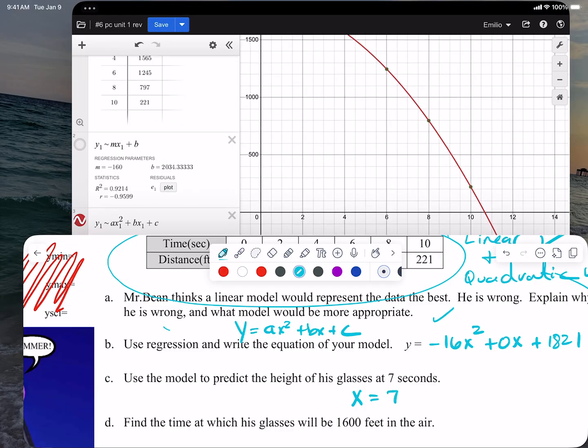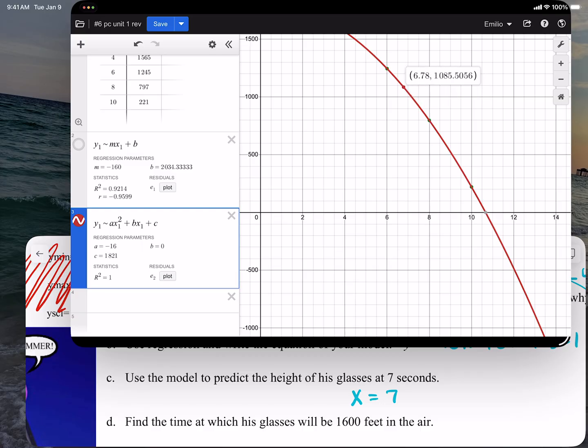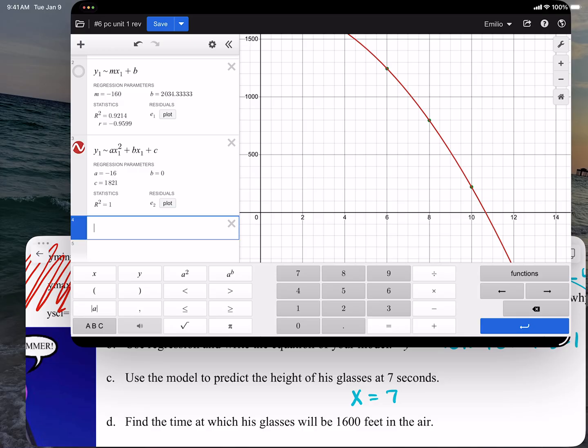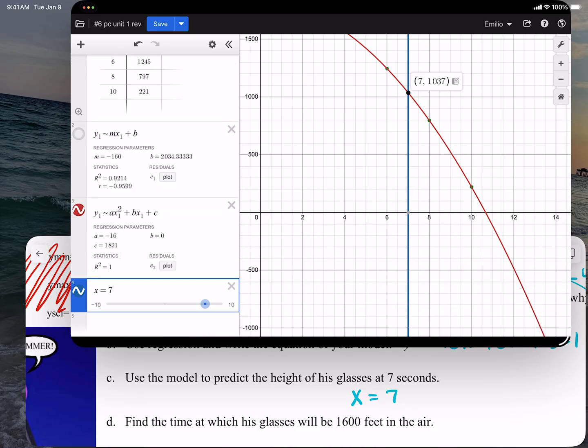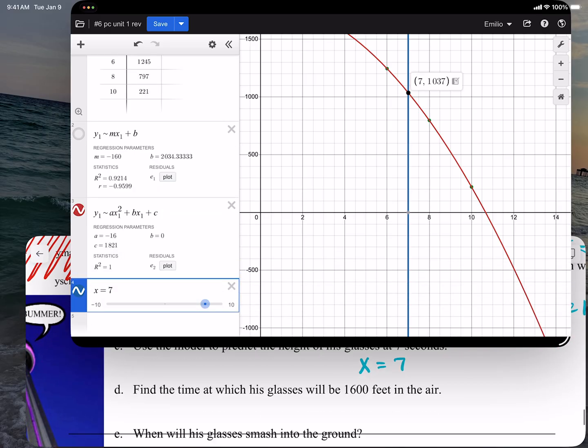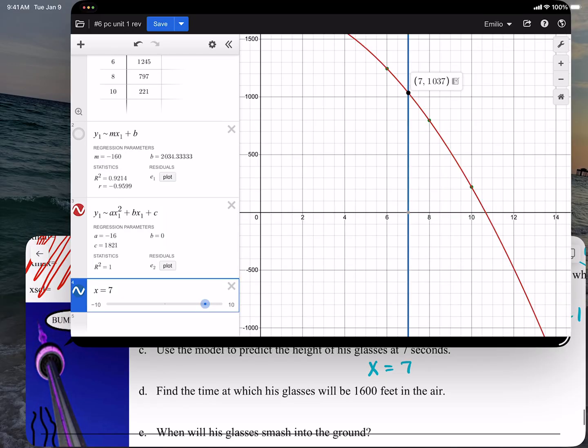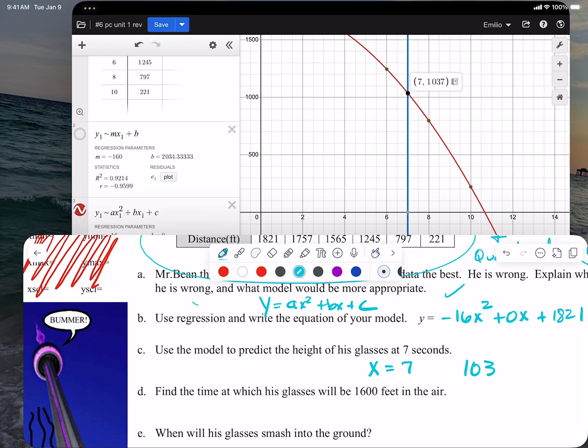You can use your finger until you get to 7, or the easiest thing to do is just type x equals 7. Where they intersect, it's about 1,037 feet in the air. So that would be 1,037 feet. Make sure you put your unit.